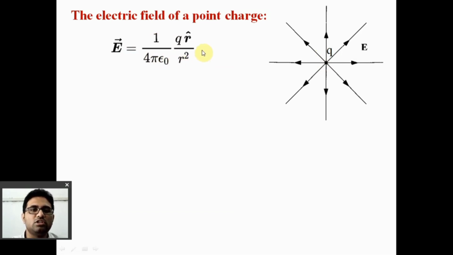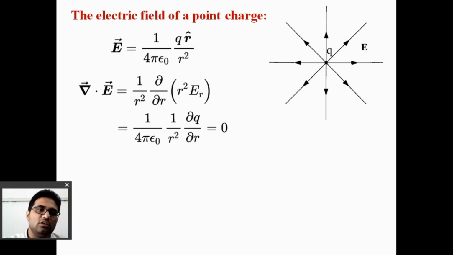There is no theta and phi dependency. You know that in spherical coordinates there are r, theta and phi coordinates. So this electric field is dependent on r, which means it has spherical symmetry. Whenever a parameter is only dependent on r, it has spherical symmetry.